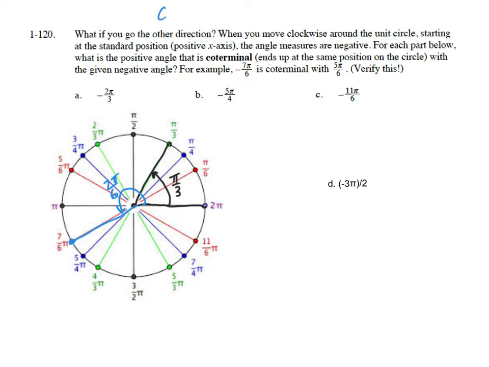So counterclockwise is a positive angle measure.